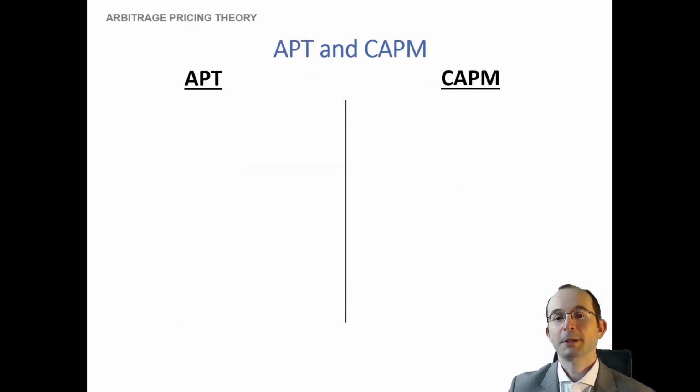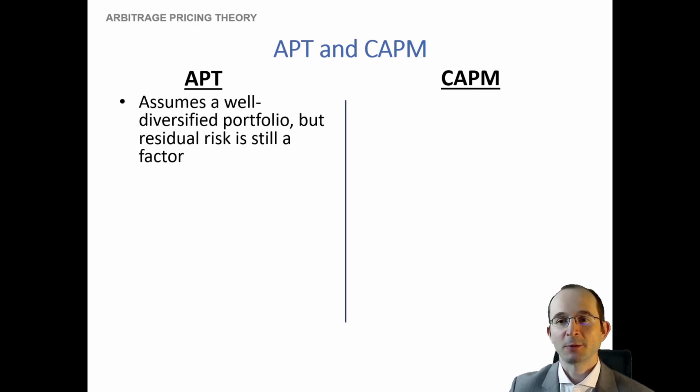So what are some of the differences between the APT and the CAPM? Well, remember, the APT is based on the idea of well-diversified portfolios. But there may be this idea of residual risk, especially for single assets, that doesn't really matter for a well-diversified portfolio.